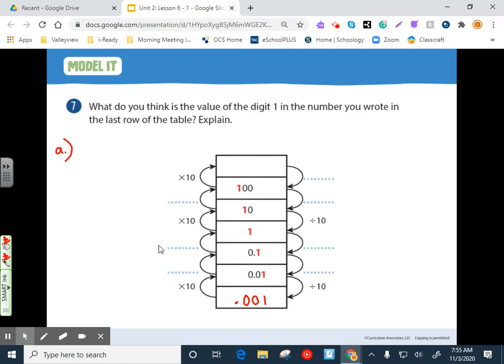The 1 would be 1,000ths, and we're talking about this number right here. That can also be written as a fraction, 1 over 1,000. It's the same value. You can convert this fraction to a decimal by dividing 1,000 into 1, and you would get 0.001. It's the same thing.